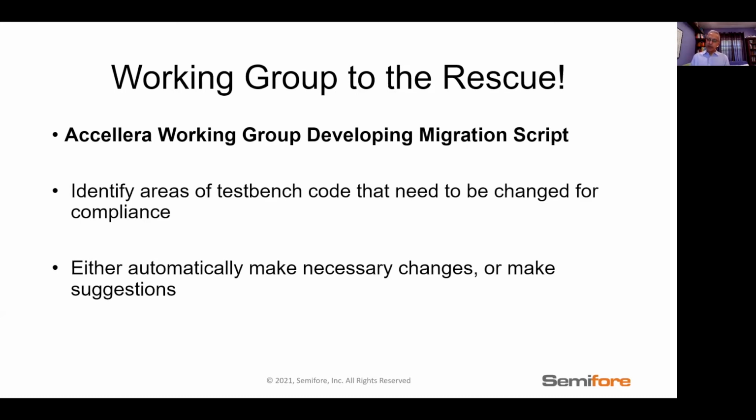So what is the working group doing to help users migrate to the IEEE standard? Right now, the Accelera UVM working group is working on developing a migration script that can do a couple of different things. One, it can actually identify areas in the user test bench that will need to be changed to be compliant to the standard, and also automatically make some of those changes, most of them, to the test bench.